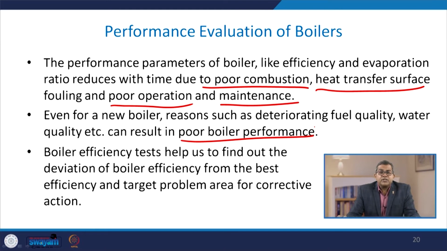So, boiler efficiency tests usually help us find the deviation of boiler efficiency from the best efficiency, and you can always assess the problem areas, and in this way you can perform some of the corrective measures which are quite essential for the smooth functioning of the boiler.